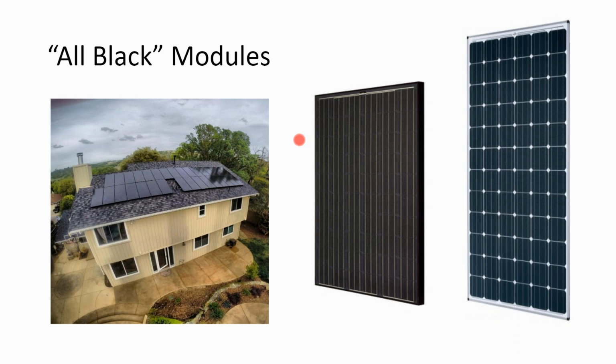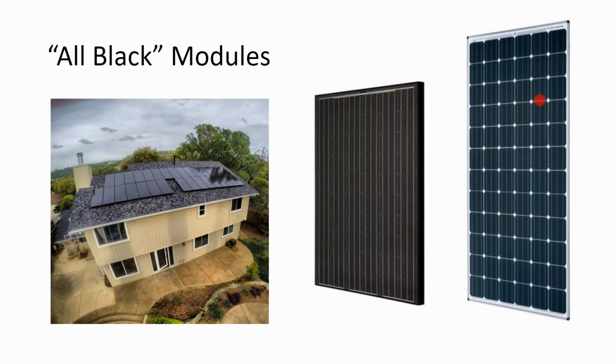You can also get high-end all-black panels that are high efficiency, and it's literally just like a sheet of black glass covering the surface. A little bit more architectural. What they say about black is it never goes out of style. And so I'm concerned about my solar arrays looking good.